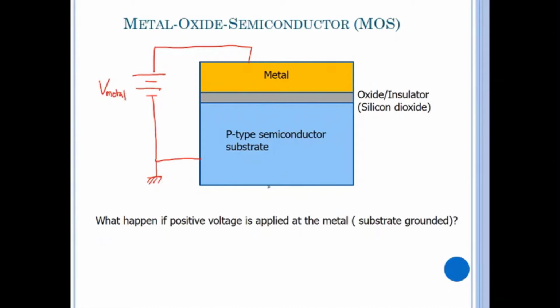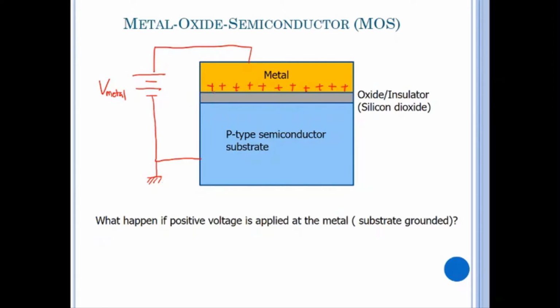When we apply a positive voltage here, what will happen? The oxide layer here will become a separator or isolator. It works as the medium in the capacitor.